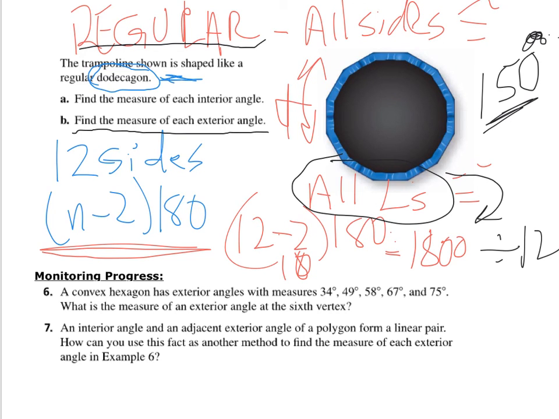If all the inside angles are equal, wouldn't all the outside angles be equal? That's right. If you have a regular polygon, not only are all the interior angles congruent, but also the exterior angles are congruent to each other. So therefore, your outside angles will each be the same. So do part B, and as soon as you have an answer, raise your hand before you go forward.